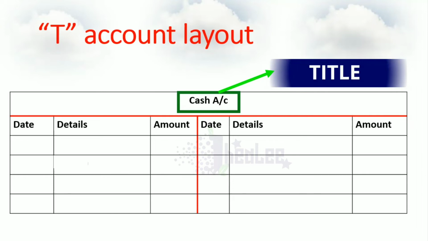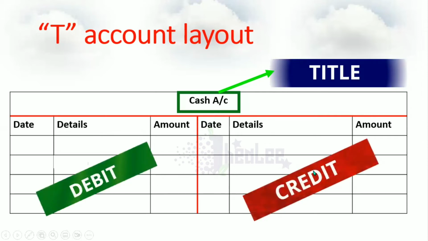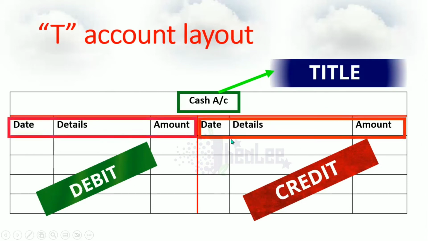All right. Now, to the left of the T, again, that represents the debit, and the right side of the T represents the credit. Now, notice on the left-hand side, you're seeing date, details, and amount, and the very same thing on the right-hand side, date, details, and amount.